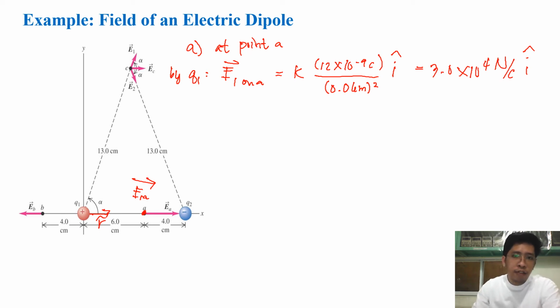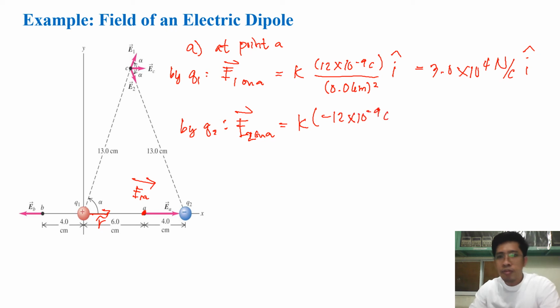Next, let's find the electric field caused by Q2 on point A. So this is E2 on A. You still have the same K, and then negative 12 times 10 to the negative 9 coulombs divided by 0.04 meters squared.